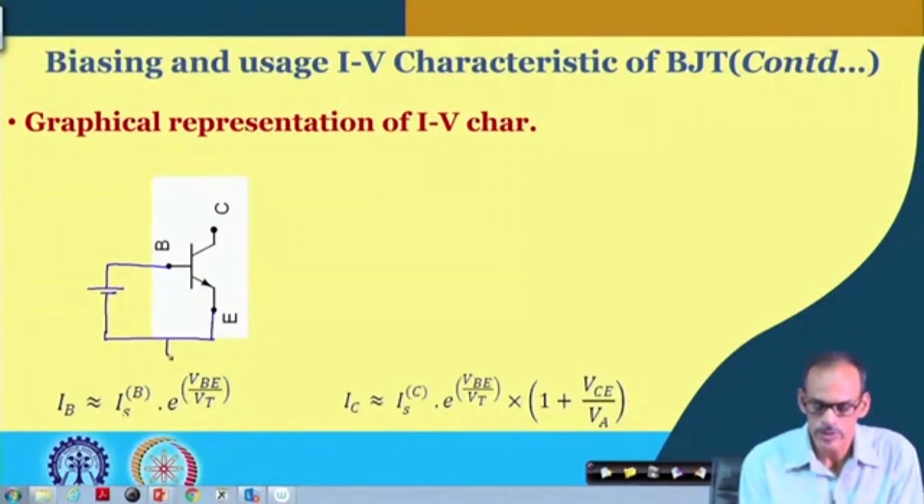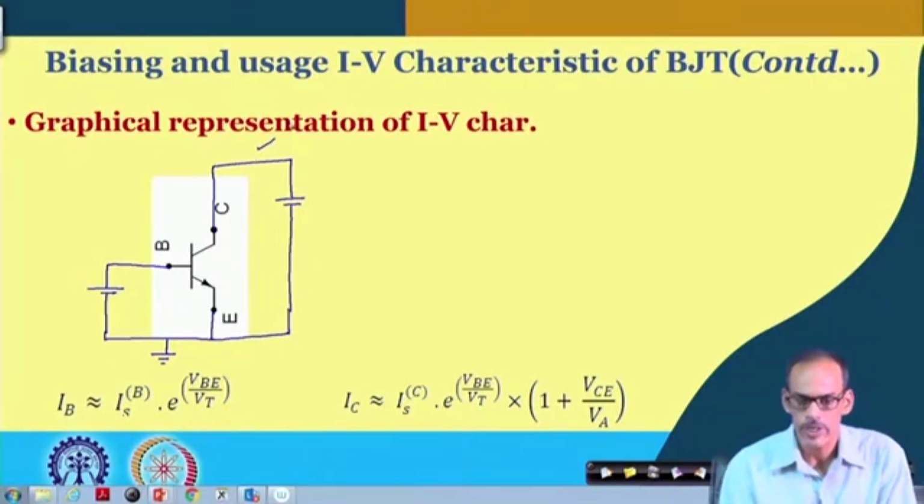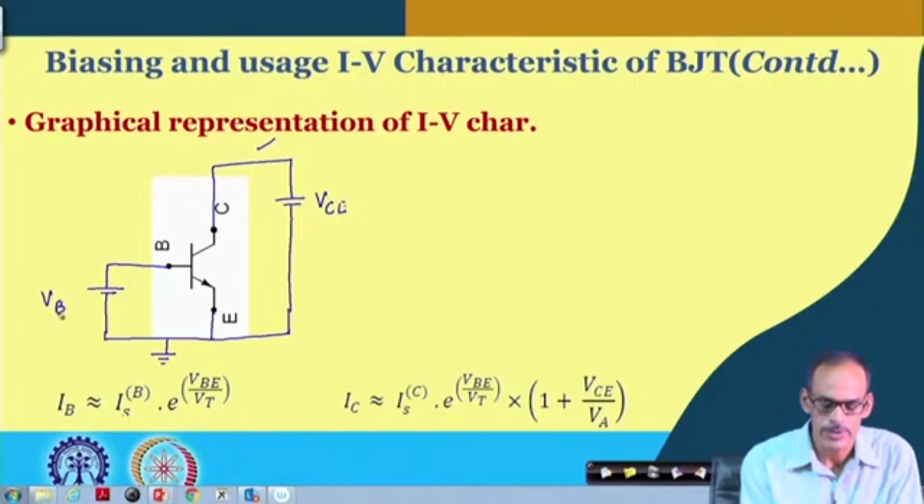So, we may assume that the lowest potential of the circuit is connected to this emitter terminal, or at least the emitter should be at lower potential than the base. On the other hand, the collector terminal we like to keep at higher potential. So, we simply reoriented the device for our convenience, assuming that we will have higher potential at this point, and we call this VCE, this VBE, and this is the base current, this is the collector current, and this is the emitter current.